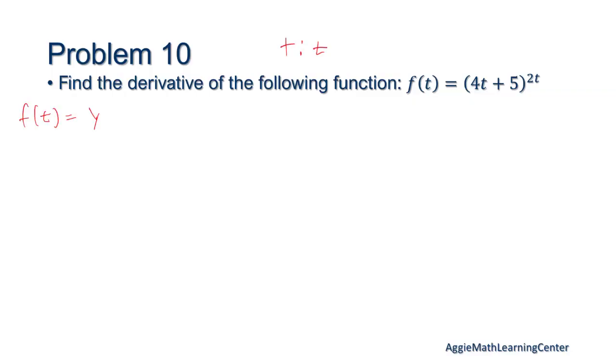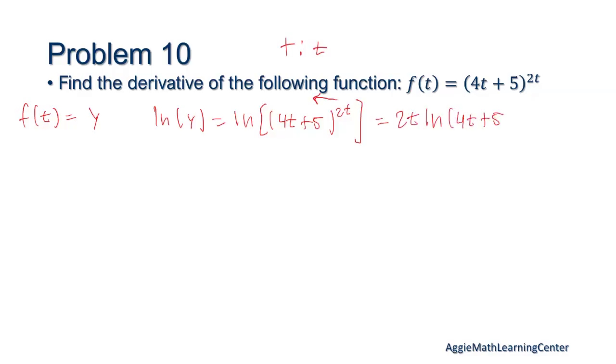And I'm gonna take the log of both sides here. So I have ln of y is equal to the ln of (4t plus 5) to the 2t, which also just equals, so I can move that 2t to the front. I'll draw some arrows. 2t times ln of 4t plus 5.